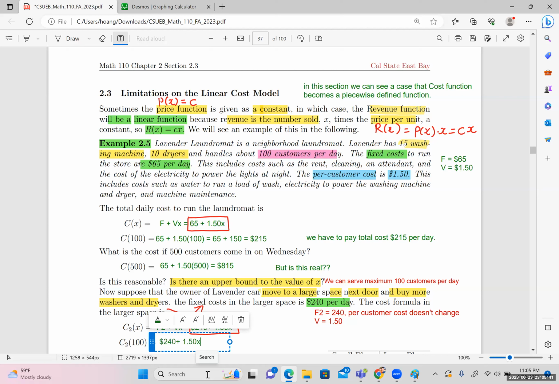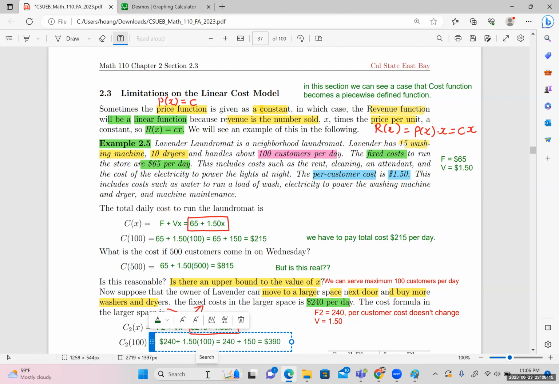So how much total cost will I have to pay with the larger space? I have to use the second function and change the x to be 100, and now it will be 240 adding with 150, and now it becomes $390.